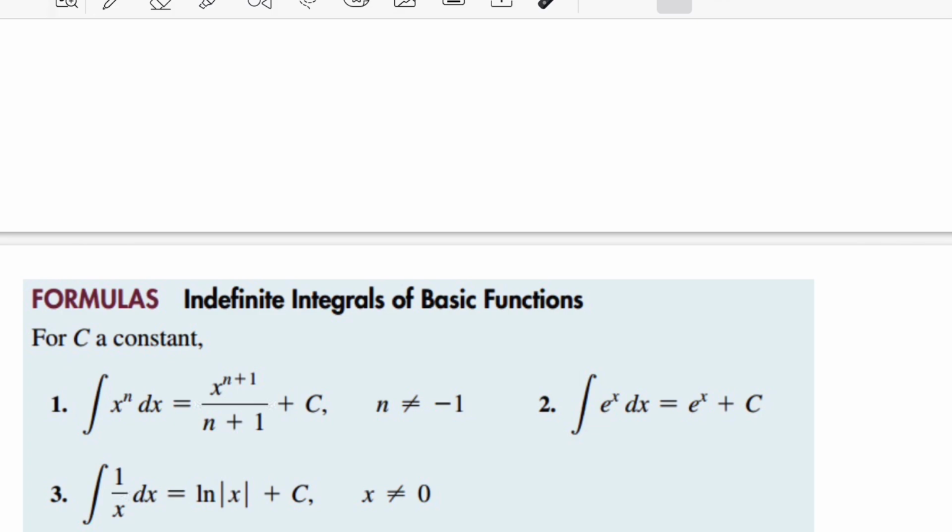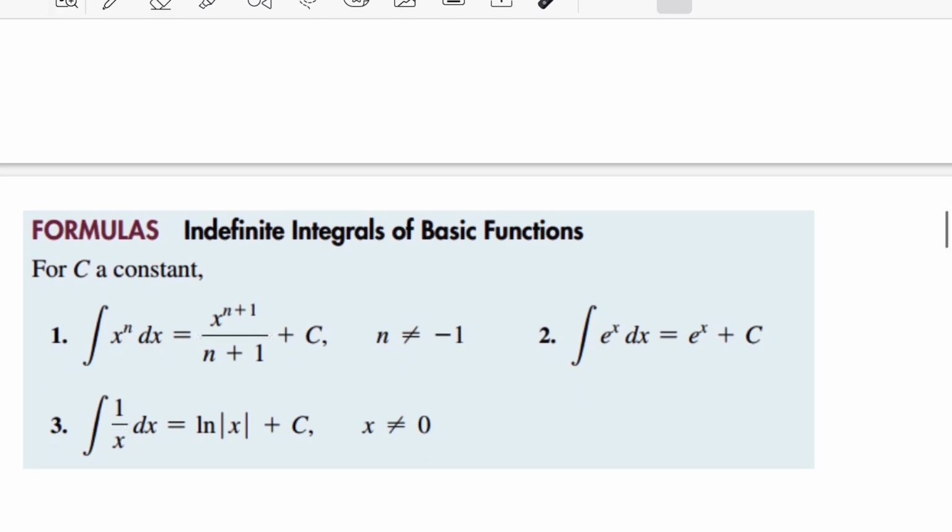Similarly, the integral of e to the x is just going to be e to the x plus c, because we know that if we were to take the derivative of this, we would just get e to the x. And lastly, the integral of 1 over x with respect to x is going to be ln of the absolute value of x plus some constant c, where x cannot be equal to 0.